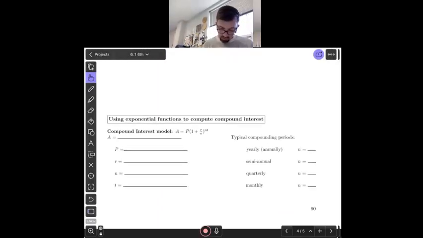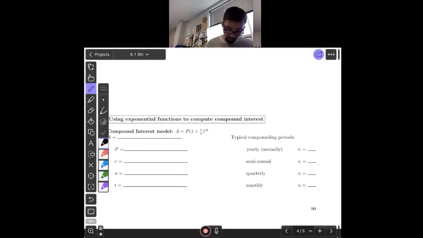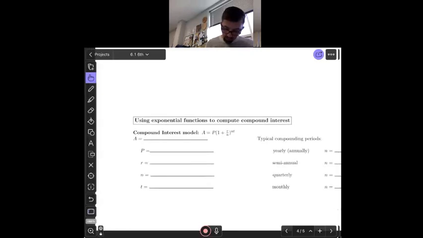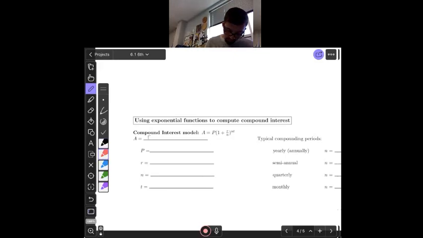Last thing here is looking at compound interest for money, so how you earn money in a bank account. So we have a formula here. It's a slightly different formula because compound interest means that the interest will earn interest. And so you start off with A, which is going to be your final amount in the account.